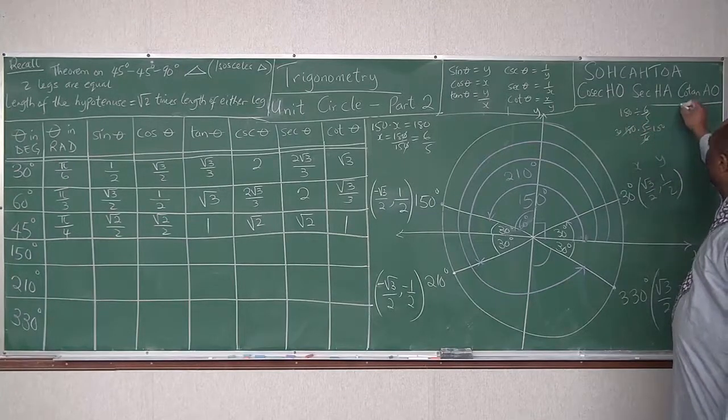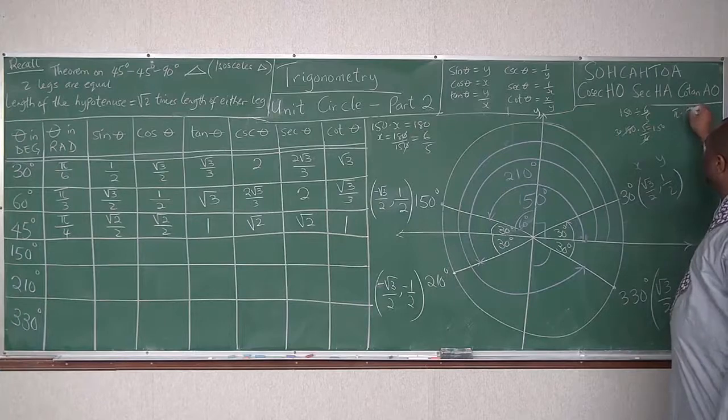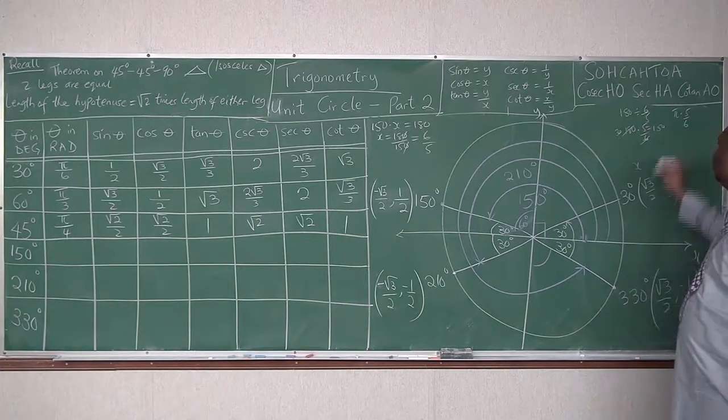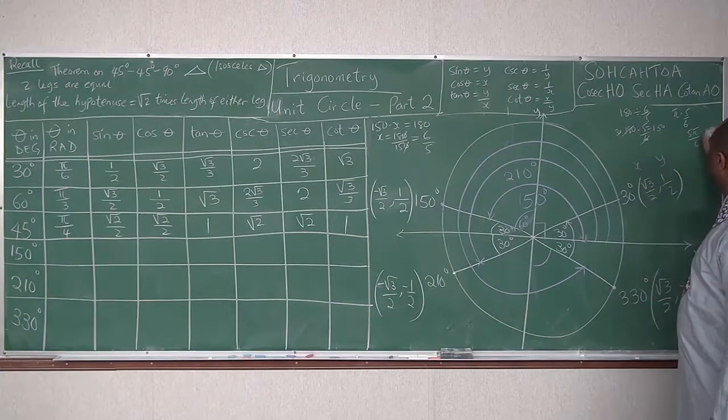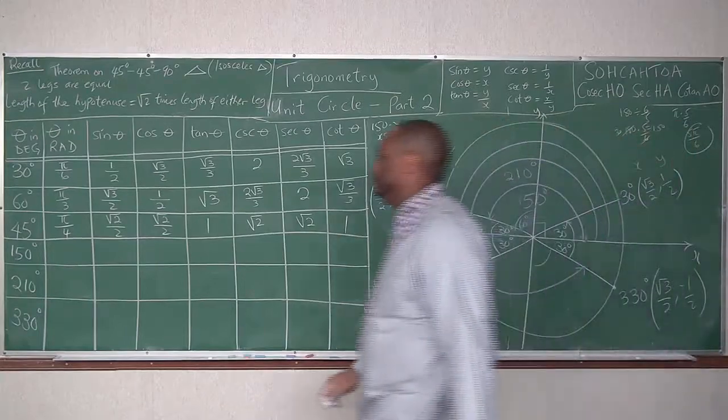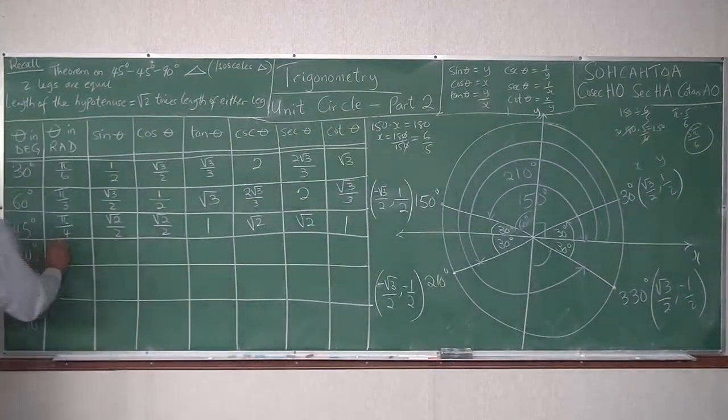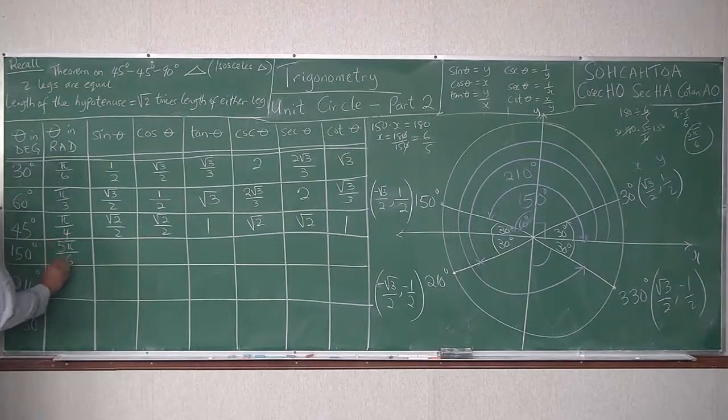This means pi times 5 over 6. So this is 5 pi over 6.